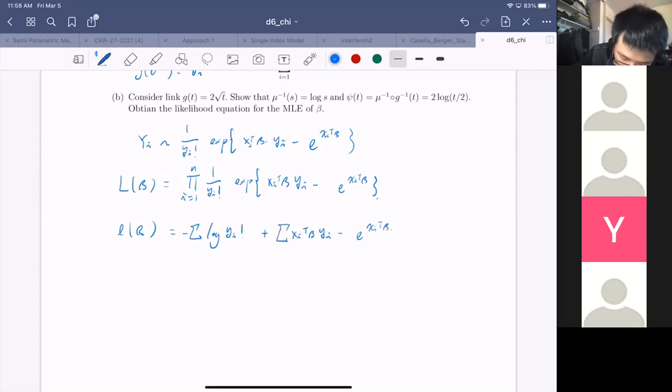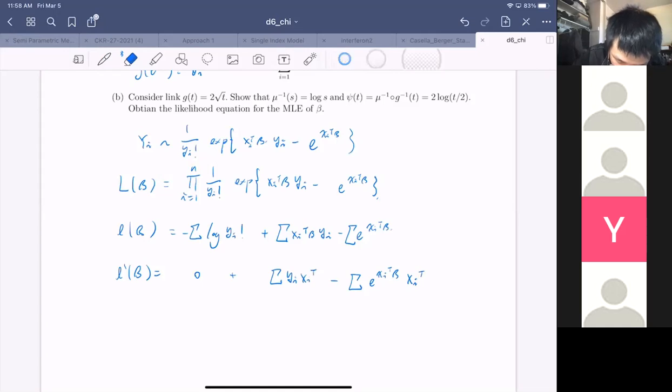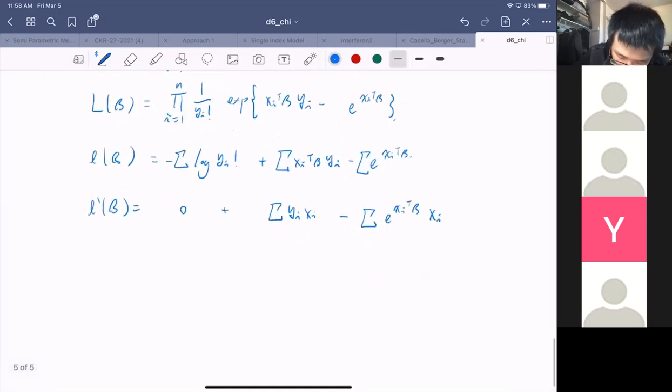So we can have a summation here. So we want to find the first derivative. This is Yi Xi transpose minus this times Xi transpose. I usually write it as a row vector, so it should be like this. So this is the likelihood equation.